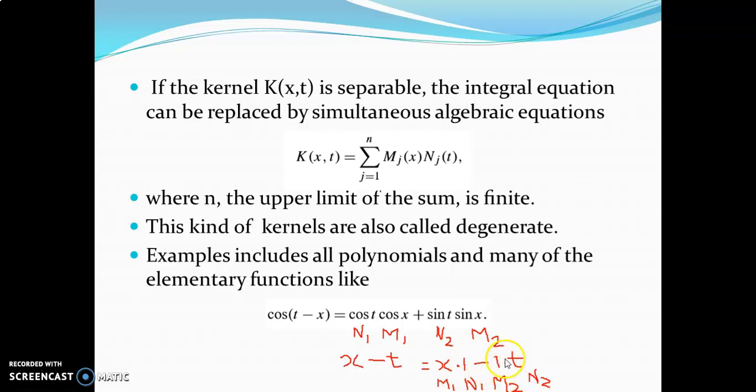In the second part, m2 is minus 1 and n2 is t. You can also write m2 as plus 1 and n2 as minus t. So we can take the negative into either of these functions, m or n. Many simple functions can be treated as separable kernels.